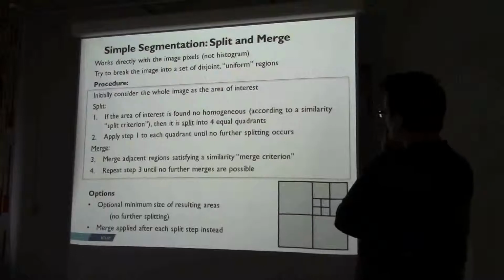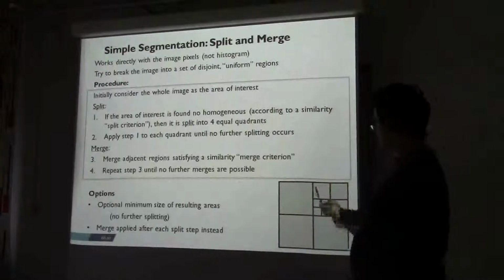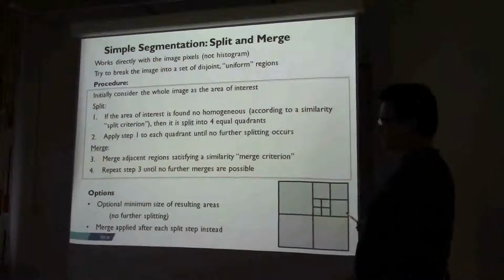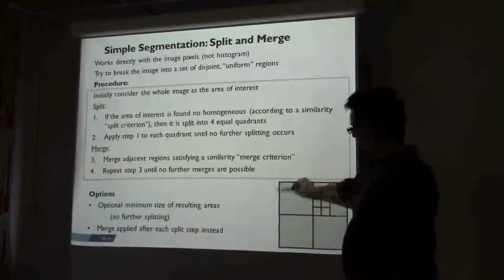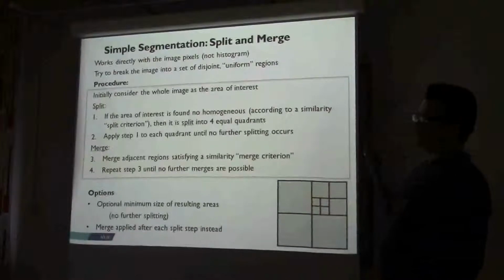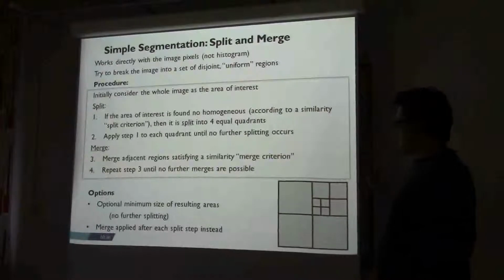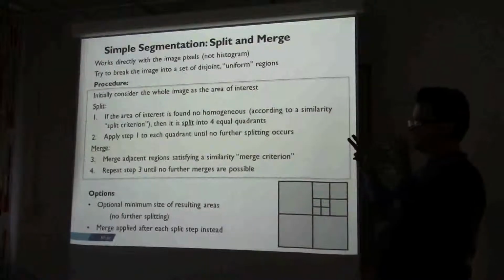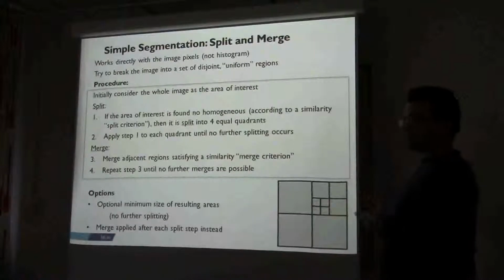Here, what it's doing is to start with the whole image, then split the image in 4 regions. Well, you split the image in 4 regions if the whole image is not homogeneous according to your criteria of segmentation. Say, I don't know, average, standard deviation of gray values smaller than something.